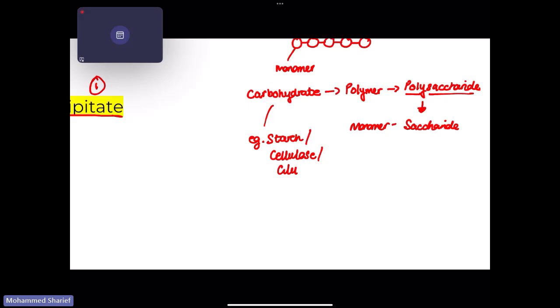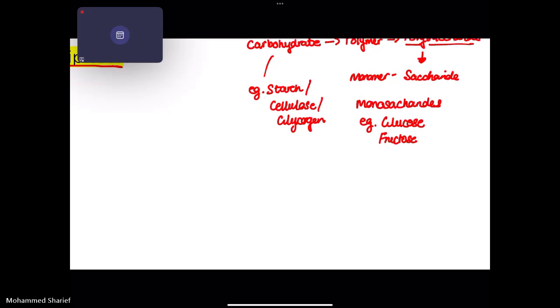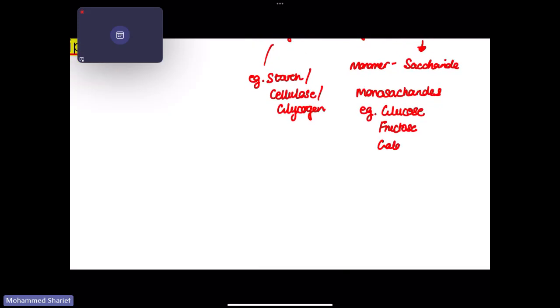And we also looked at some examples of monomers, the monosaccharides. So we had glucose, we had fructose, we had galactose, and so on. These were some examples of monosaccharides.